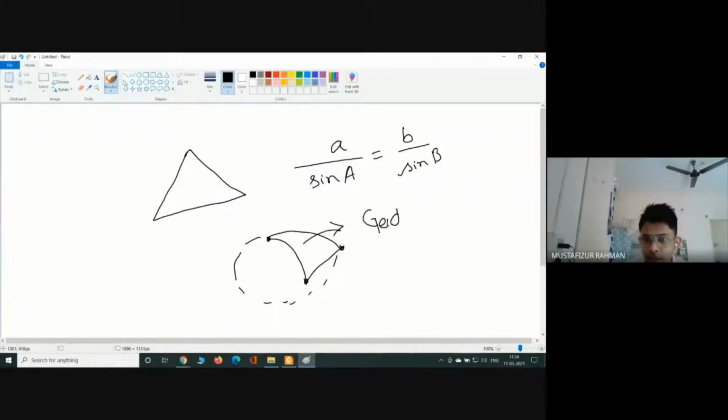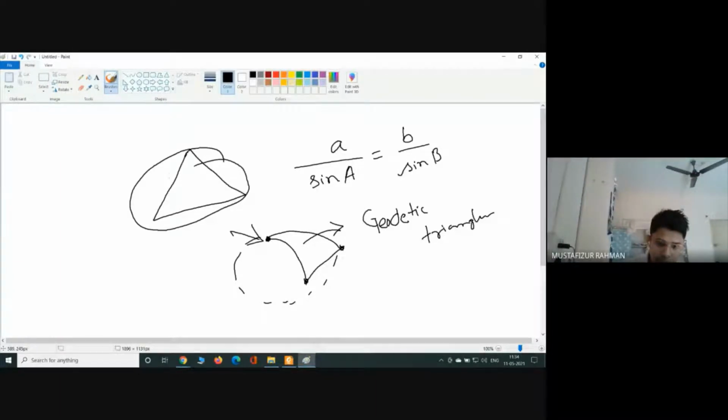This will be becoming geodetic triangulation, where the triangles will no longer be 2D triangles. It is going to be 3D triangles. So we are not studying about that. We are studying about only this, which is 2D triangulation, where we can use this formula and carry out our calculations.